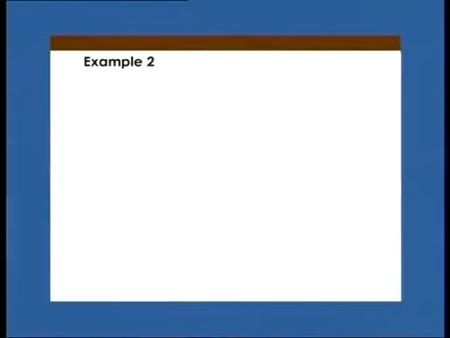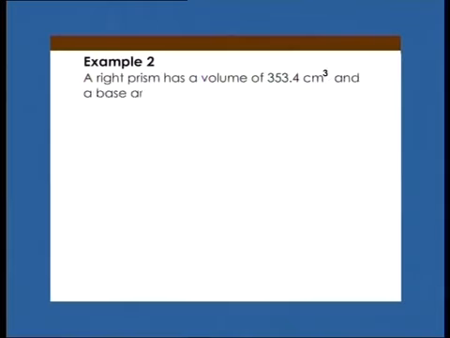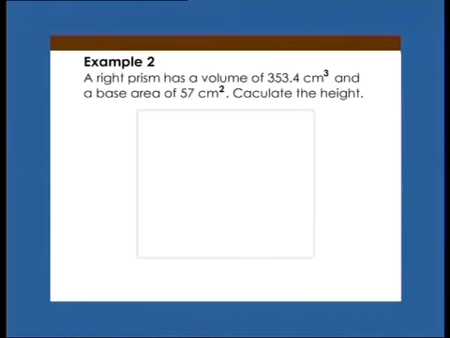Example 2. A right prism has a volume of 353.4 cubic centimeters and a base area of 57 square centimeters. Calculate the height.